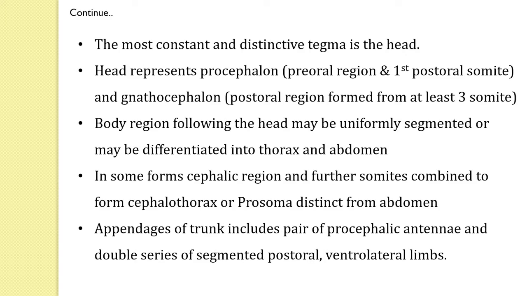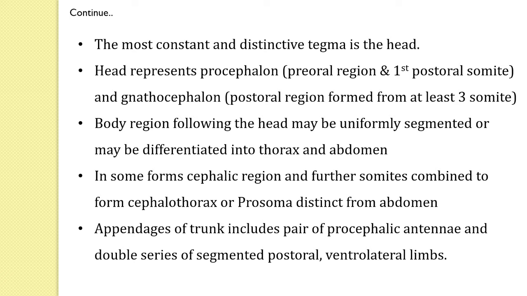In its simplest form, a definitive head represents an embryonic procephalon consisting of a large preoral region, and usually the first postoral somite. Generally, however, it includes the gnathal region. This gnathal region is known as the gnathocephalon, formed of at least three succeeding somites.